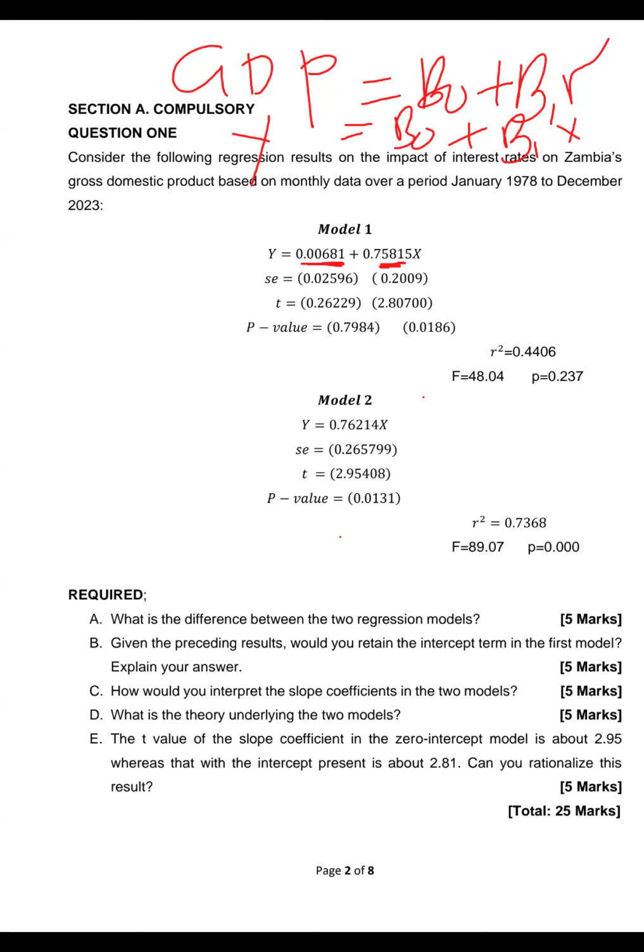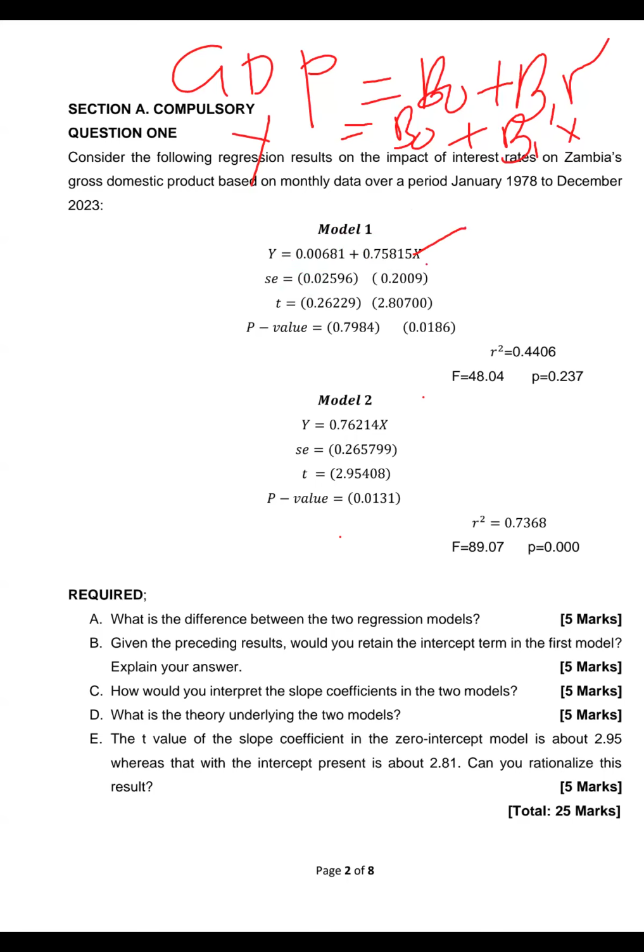Okay. So you have the intercept. This one is, for example, the y-intercept. This is the slope coefficient. This is the intercept. So this is the intercept of the variable. Let's just say the variable, because this time around, this is just a variable. It can be any variable, and in our case, it is interest rates.